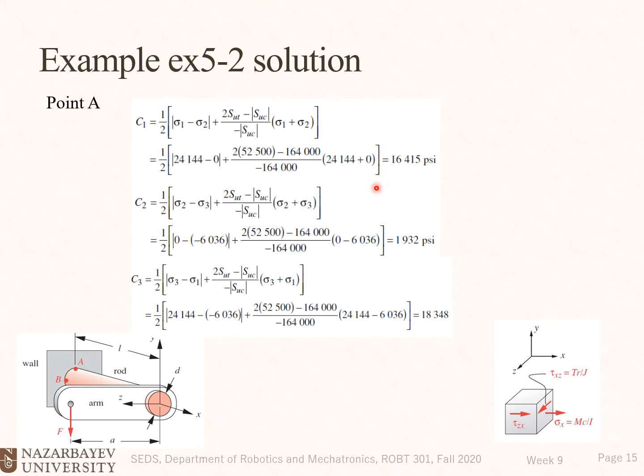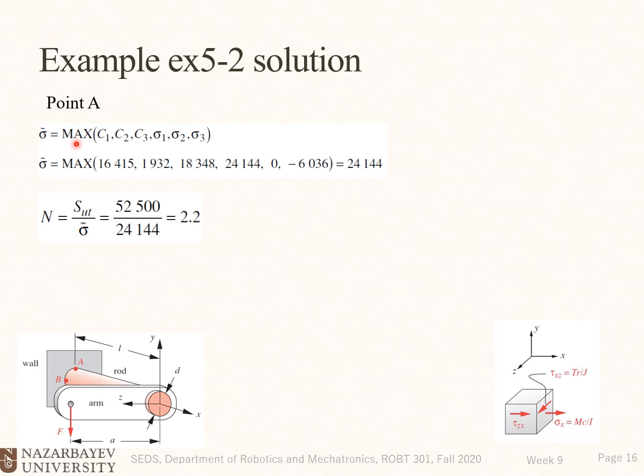If you are not willing to find the load line and plot the failure profile, you could find the effective stress by calculating these constants C1, C2, and C3. You just need to plug in numbers here for sigma 1, sigma 2, SUT, and SUC for all of these. So you will find these numbers.